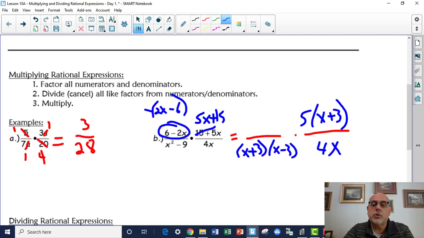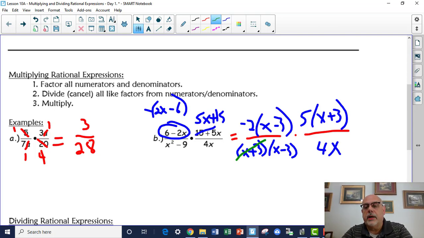So if I factor a 2 out of that, I have negative 2 times x minus 3. Again, factoring out a negative 1, that's that little magical thing, and we've talked about that. It allows you to reverse the order of the terms. So now everything is factored.